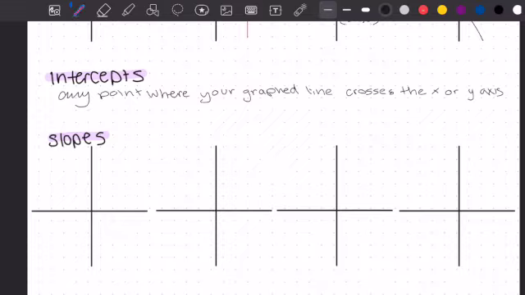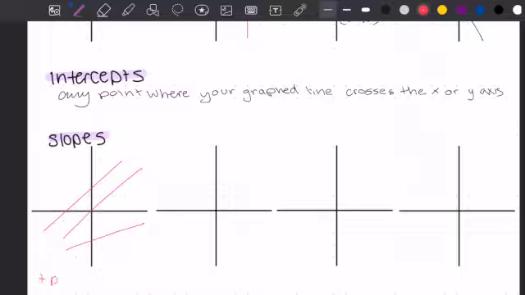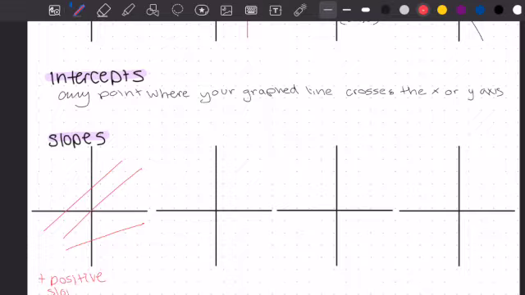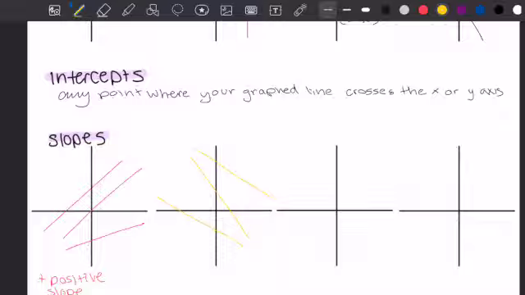Now, when we're talking about slopes, we have 4 different kinds of slopes here. We have something called a positive slope, and a positive slope could be any variation that's going from bottom left to top right. So this right here is a positive slope. We also can have a negative slope, and it is going to be any line that is going from top left to bottom right.